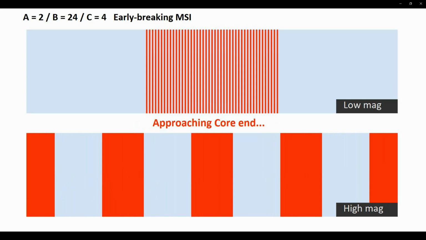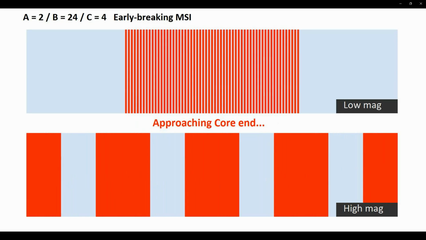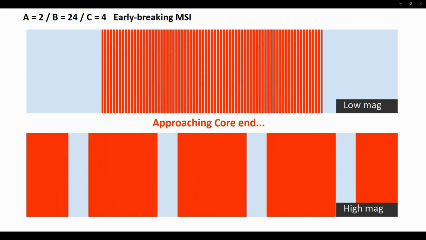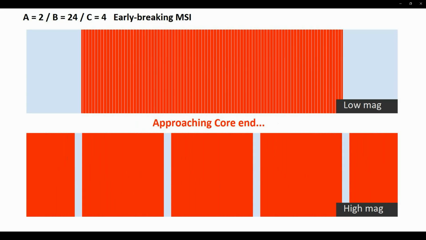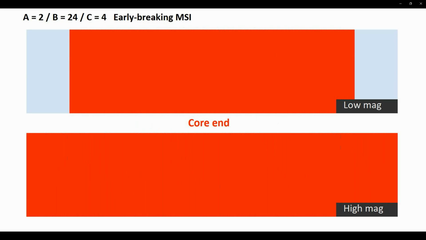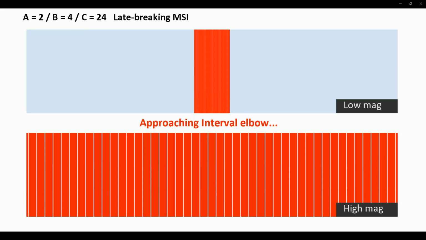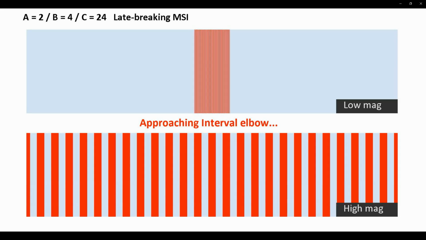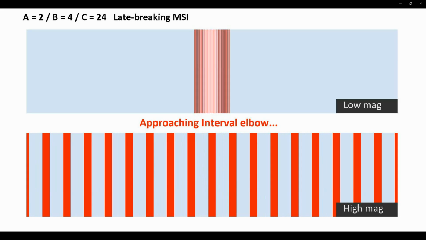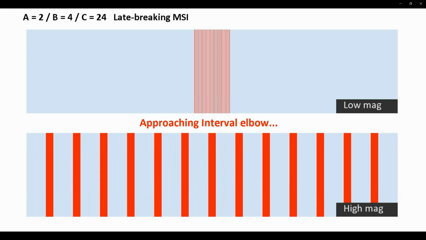Then, in the third and final stage, the period remains constant while the other features grow until we reach the core end. Now we'll see the late breaking case and note the differences. Of the three stages, the first and second are basically the same. At first, the period increases, but it stops at the interval elbow.